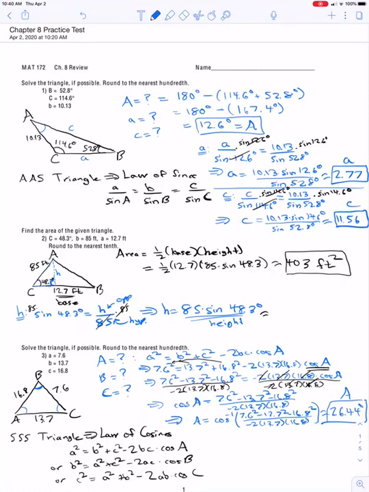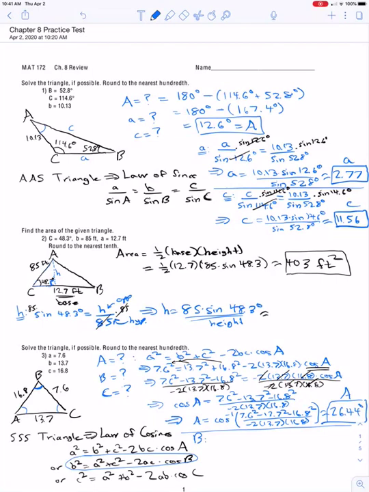And now we'll do the exact same thing to get angle B. So let's show finding B here together. All right, so to find angle B, what are we going to use? We're going to use our law here. b squared equals a squared plus c squared minus 2ac times cosine of angle B. So let's put that in.